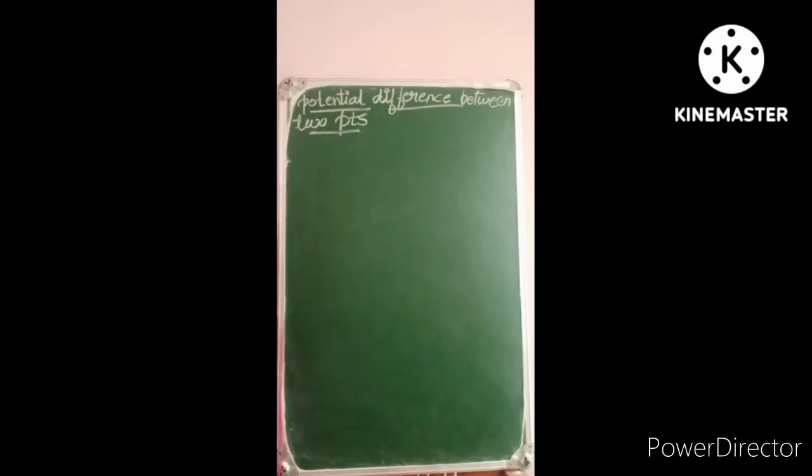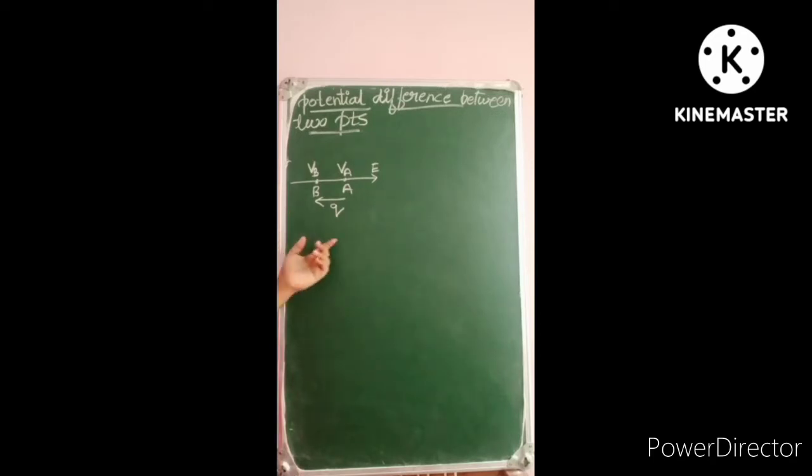So for this, let us consider an electric field E. On this electric field E, let us consider 2 points, say point A and point B. The potential with respect to point B is VB and potential with respect to point A is VA, and the charge that is moving from A to B is taken as Q.